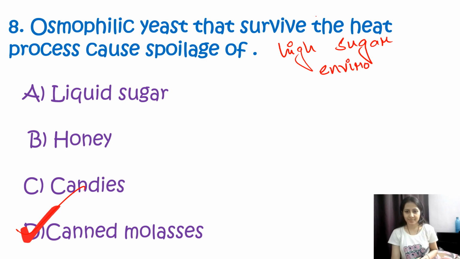They are particularly well suited to an environment where sugar concentration is very high, and they can tolerate the low water activity environment. So in this canned molasses, this product has a high sugar concentration, and can provide a suitable environment for this osmophilic yeast, even after heat processing.